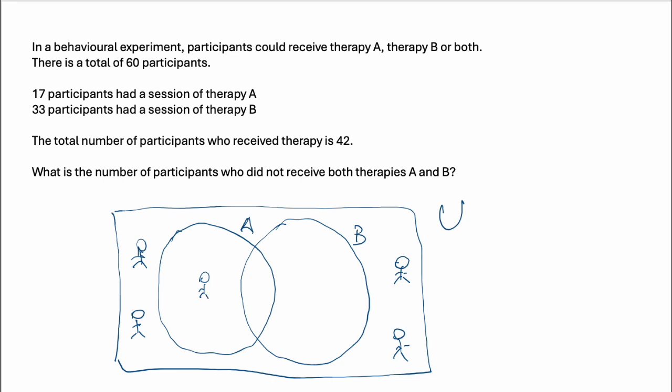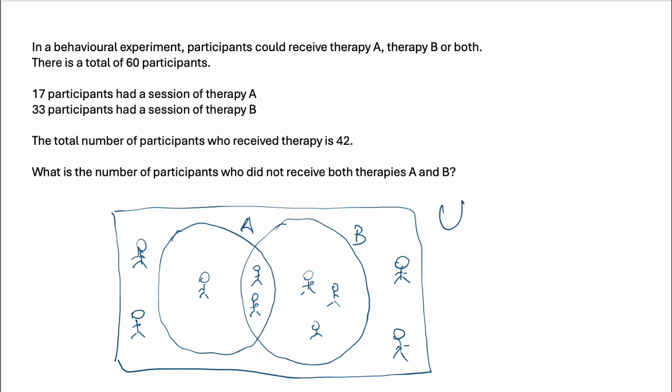There are some people that are sitting on A, there are people sitting on the intersection, and I mean, you don't need to do this. It's just to visualize. So just visualize that we have people that weren't eligible for therapy. They're sitting outside A or B. There are people that received both of them.